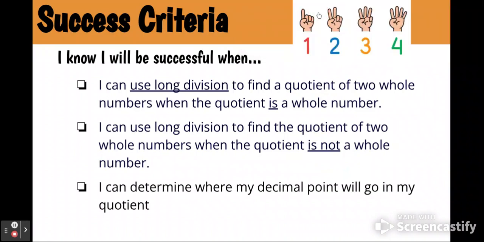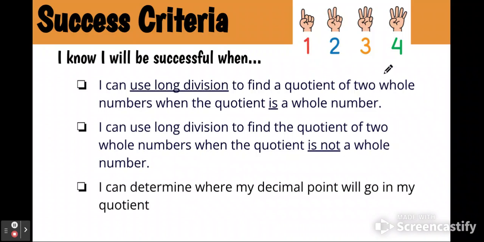What I would like for you to do right now is look at these three criteria. How well do you know long division? Do you know what to do when you have a decimal point in your quotient? I want you to stop right now and rate your understanding from a 1 to a 4. A 1 would mean I have no idea, I don't remember long division from elementary.